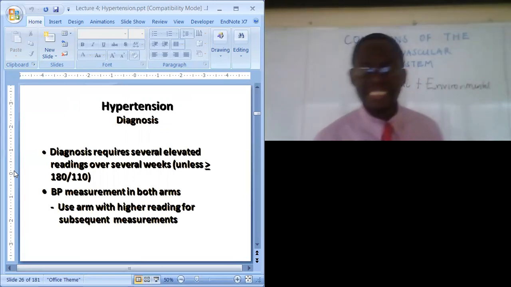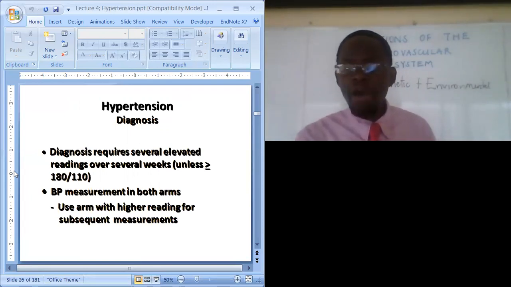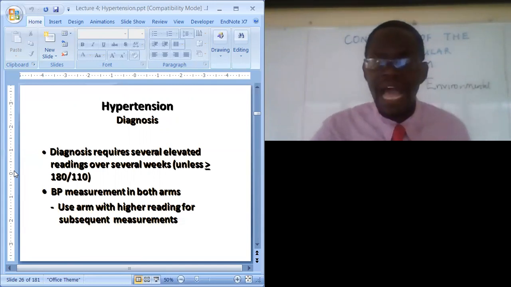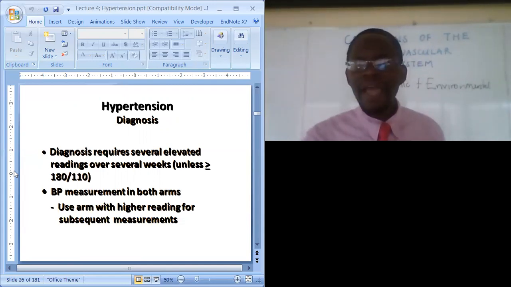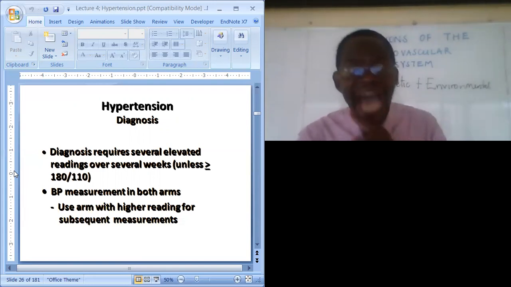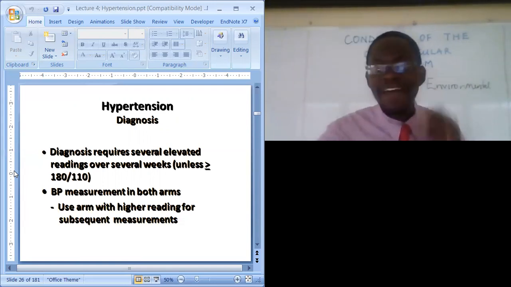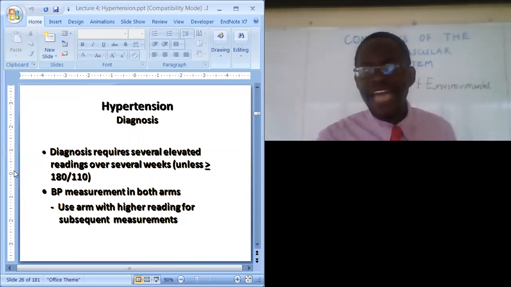Diagnosis requires, and that is very important, several elevated readings over several weeks. You do not just take one figure and if it is high, then you conclude. However, if it is very high, more than 120 over 110, then that is very high.